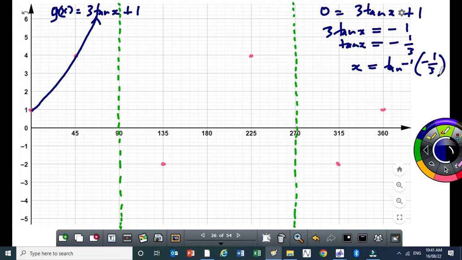Now, negative 18, I'm sure you can see that we have got positive angles here. If I want to convert that minus 18 to a positive angle, I must add 180 degrees to it. So what is minus 18 degrees plus 180? You get 162.